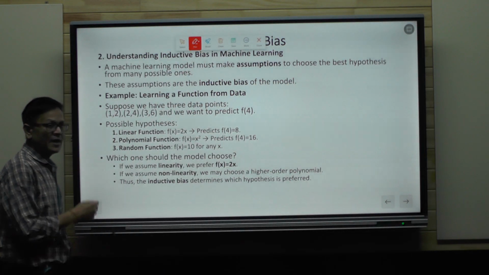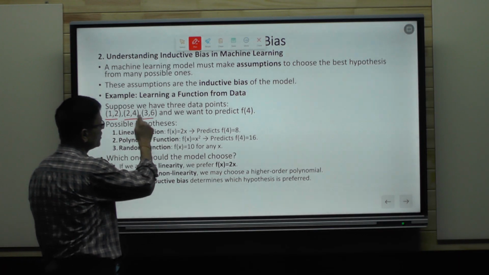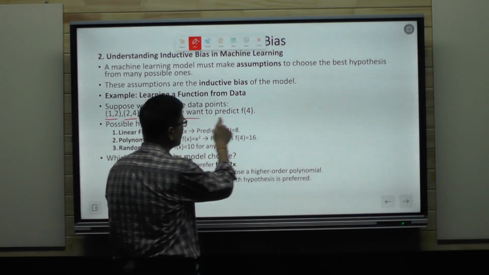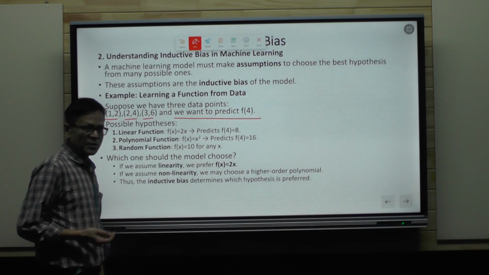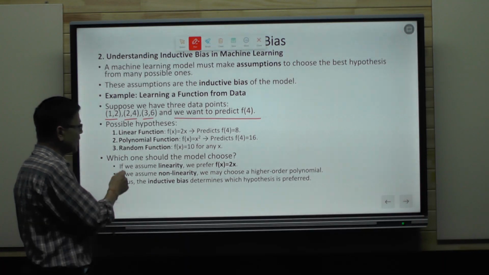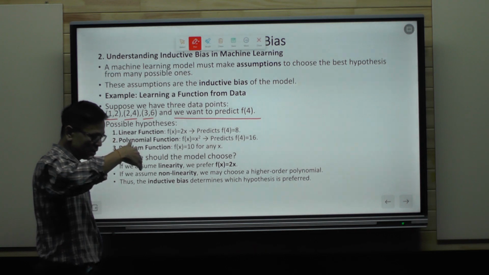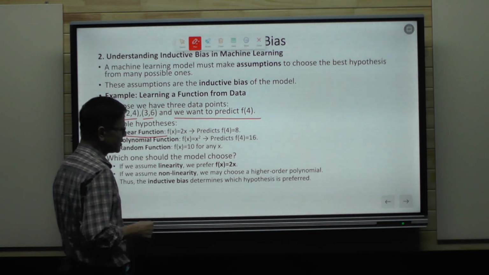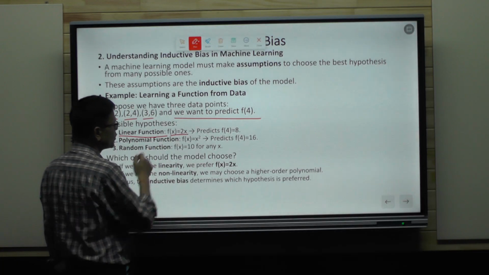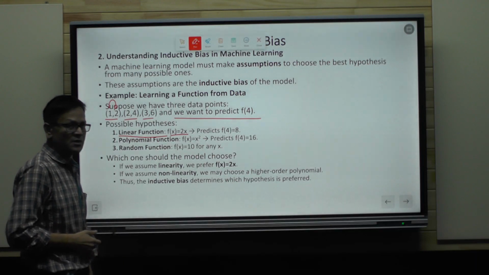Suppose we have three data points (1, 2), (2, 4), (3, 6), and we want to predict f(4). The possible hypotheses can be, in the hypothesis space, a linear function like f(x) = 2x, because the model will see the relationship.